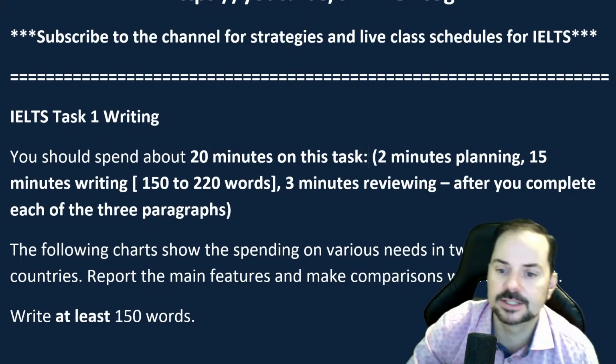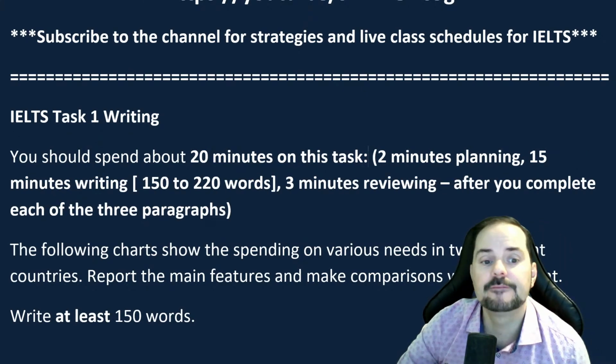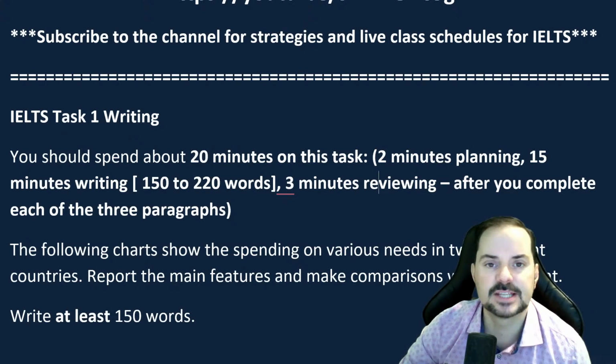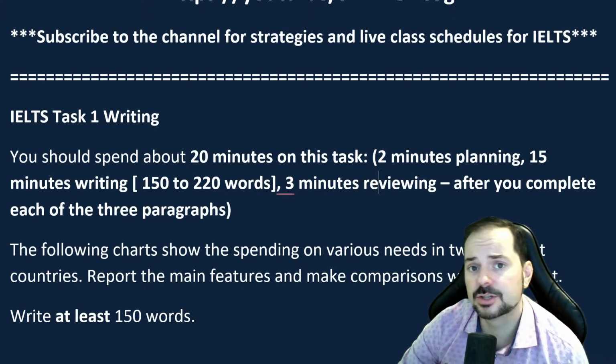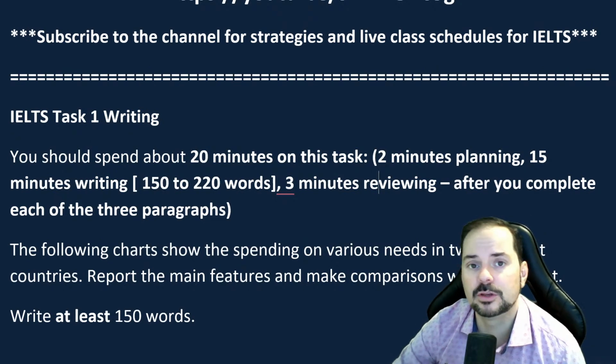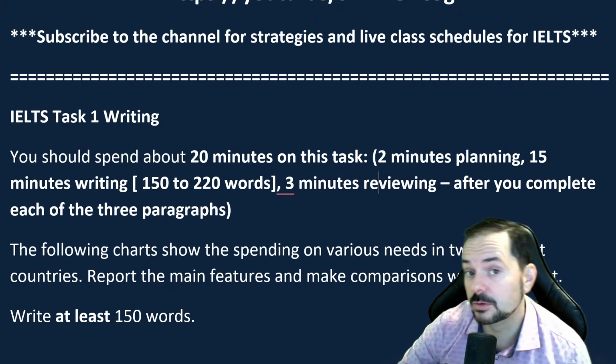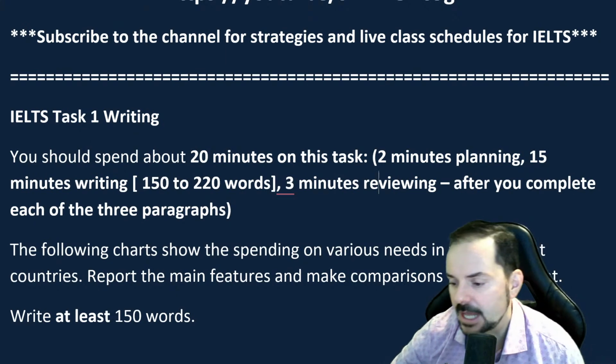In that 20-minute time, 2 minutes planning, 15 minutes writing. You should write 150 to 220 words, 3 minutes review time. That means you spend about 30 seconds on reviewing your introduction, 30 seconds in reviewing your overview, and then about 2 minutes to review your body paragraph, your analysis.